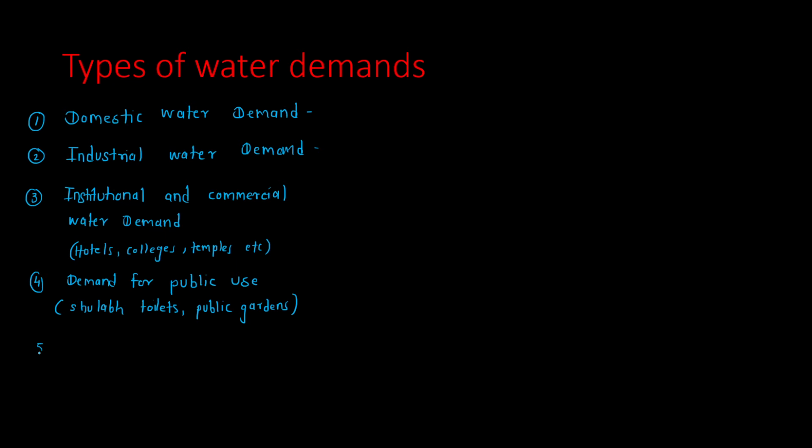And the next one is fire demand. Now first we'll see the value of the individual demands that we have written here. So, the domestic water demand. According to the IS code, this domestic water demand is divided into two categories, that is low income group and high income group.